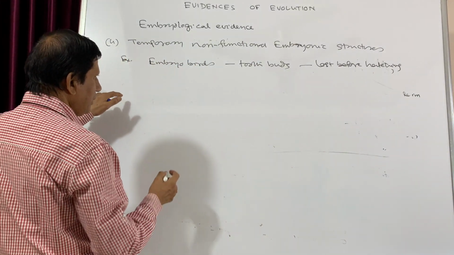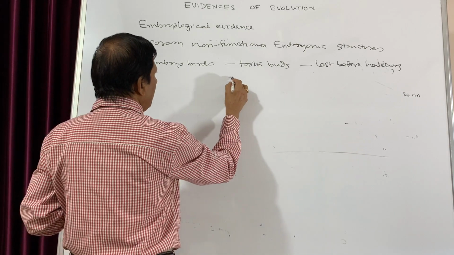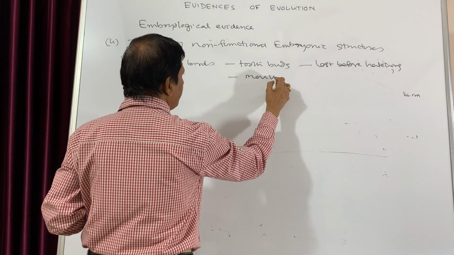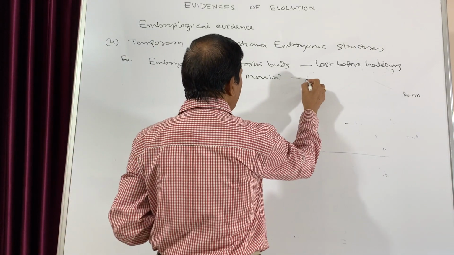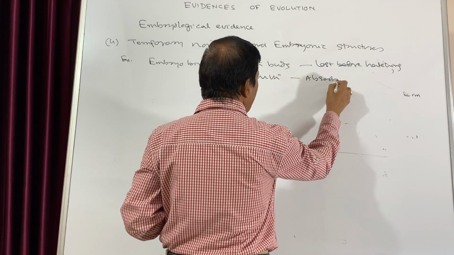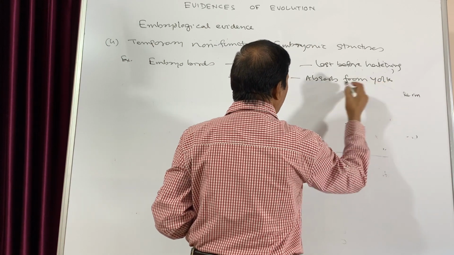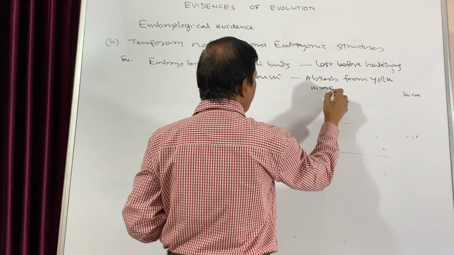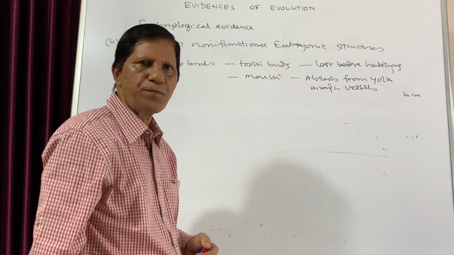Another thing is that in the embryo of birds there is also a mouth, but they simply absorb from the yolk through vessels. That means they do not use the mouth parts.